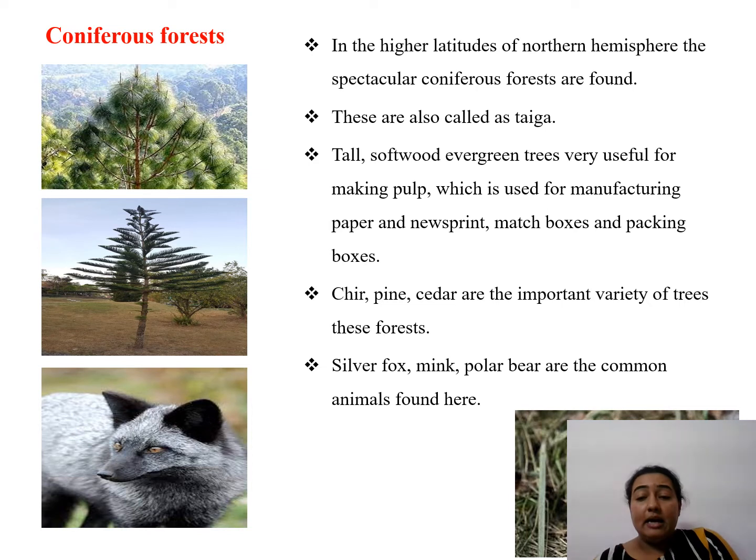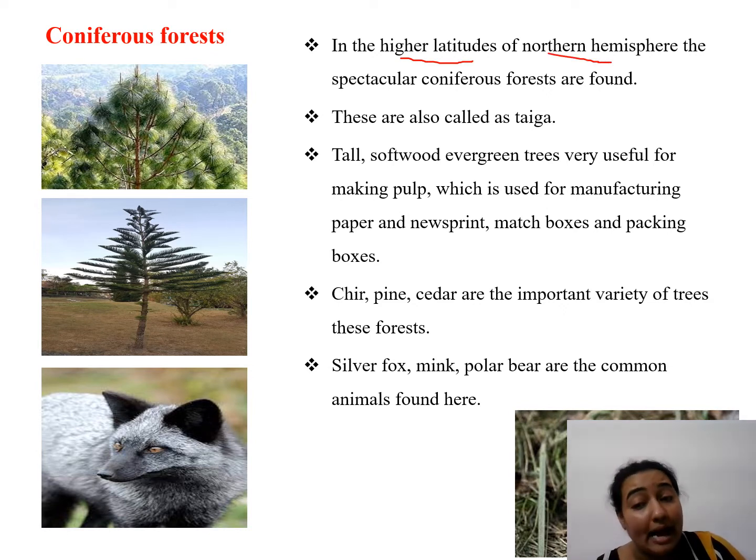So students, till now you must have some sort of experience with this coniferous forest. If I ask you a few questions, you must explain with three different characteristics. First, it is found in the higher latitudes of the northern hemisphere.